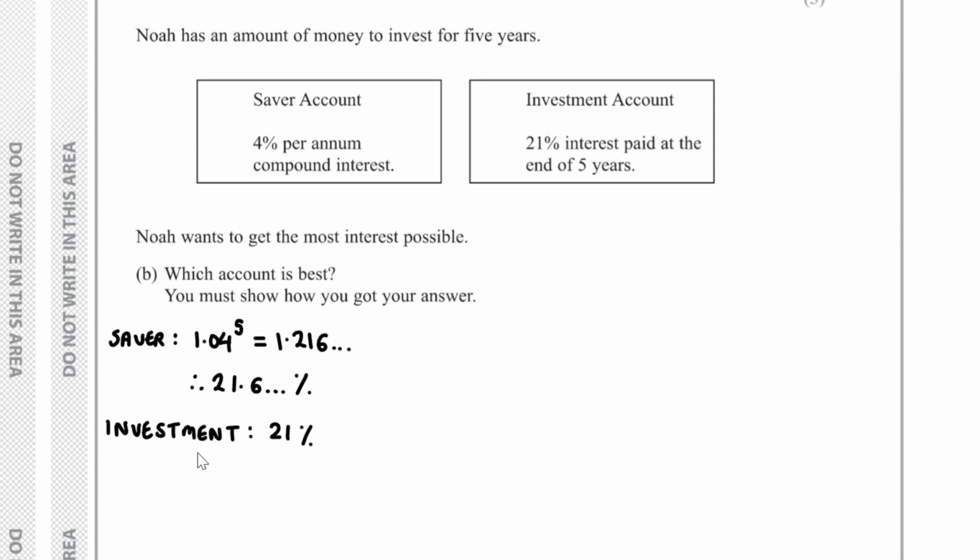So which one gives more interest? Well, clearly you can see saver gives the most interest.